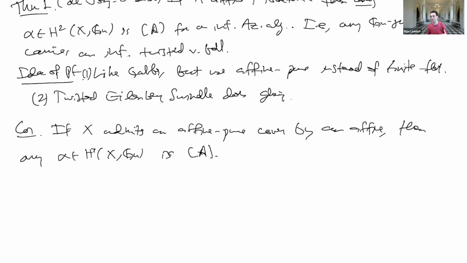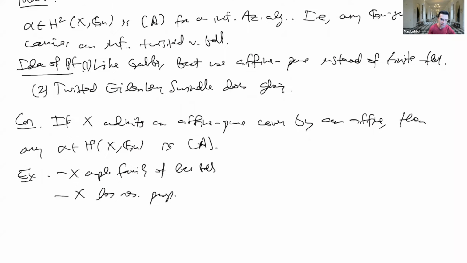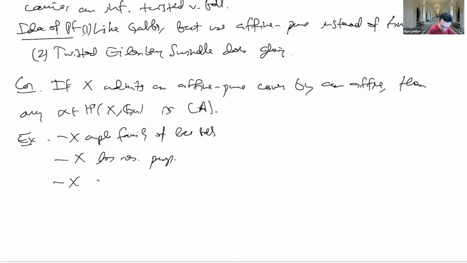Again, by pushing forward, because the map is affine pure. So for example, this works if X has an ample family of line bundles, or X has the resolution property, or X is a separated algebraic surface, et cetera, et cetera. All right.